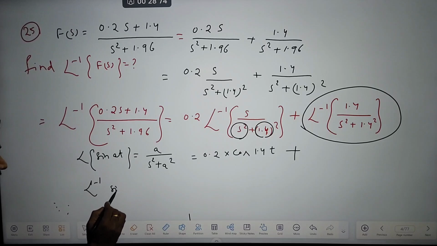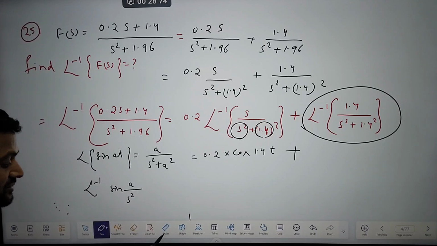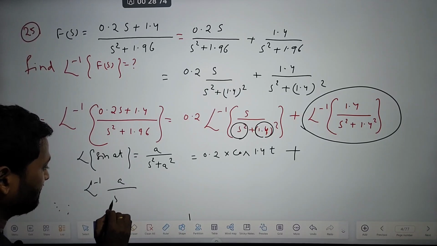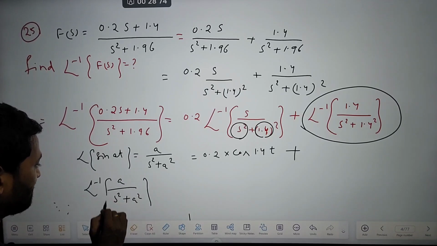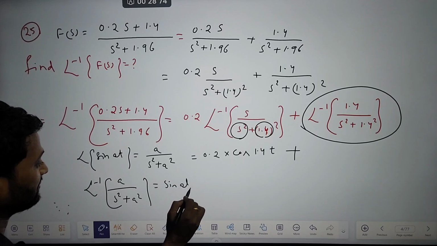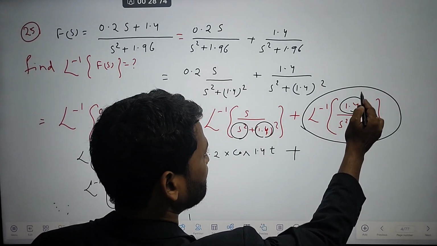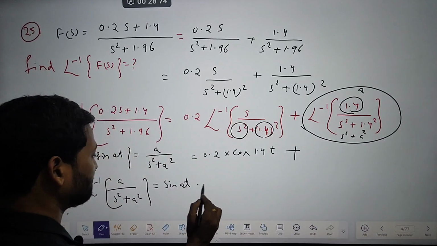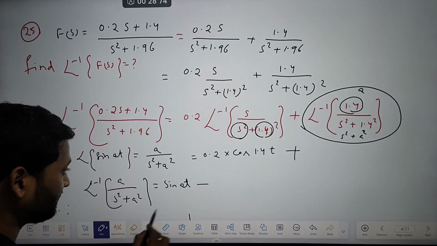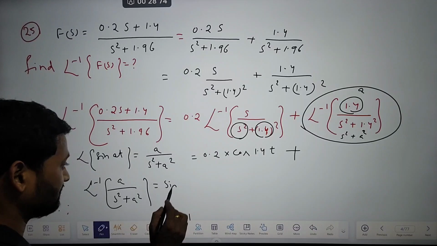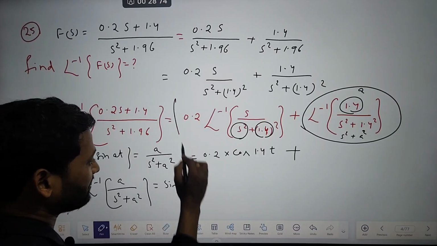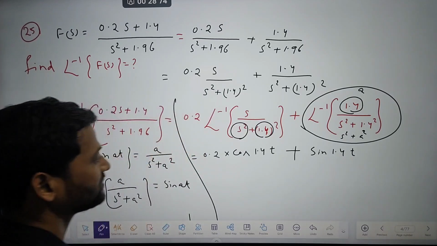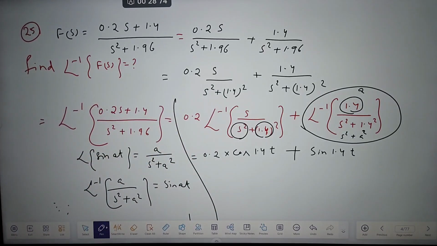So the Laplace inverse of a by s square plus a square will be sin at. Same concept applies here: this one is a and this is s square plus a square. So here I am writing the answer plus sin of 1.4t. So this is your answer.